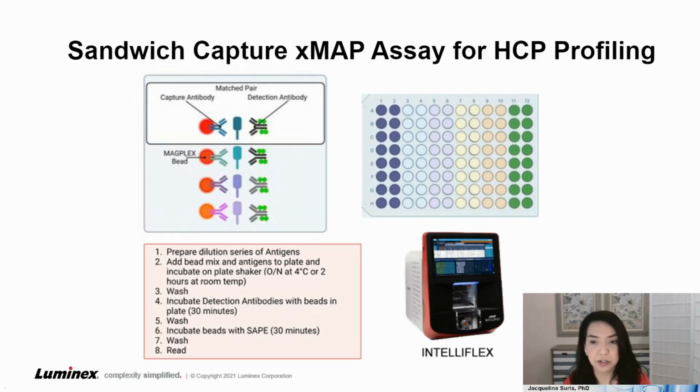And as Steve mentioned, we have a multitude of instruments. Here I have an example of the IntelliFlex, our newest instrument. I think what Steve may have mentioned is that we can do automation. Because we have magnetic beads, you can do high throughput. So if that's of interest to you, you can do a fully automated system with this.